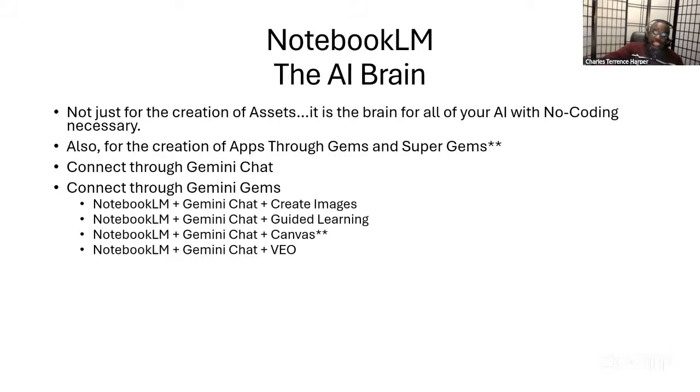Now, again, you've got to know some of these ins and outs, but the direction of their AI is not for you to have specialized knowledge. It's not for you to have deep prompts. They want you to be able to get it all from Gemini if you need it. And typically, they really want you to prompt in plain language. So they'll have some guidelines, but the goal of their AI is really for you to be able to talk to it just like you're talking to a human being.